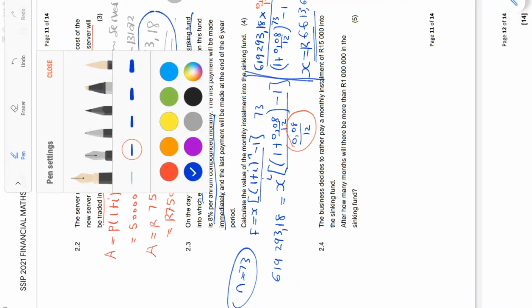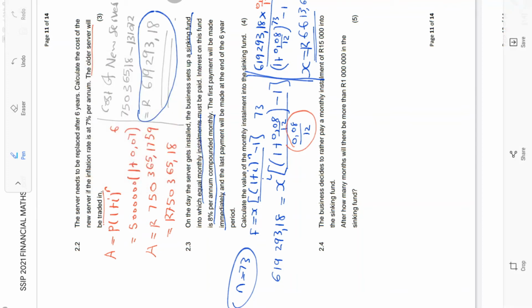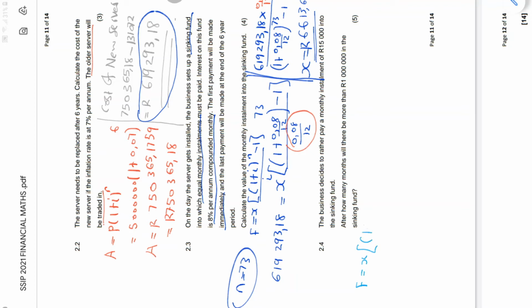So it's a monthly payment of 15,000, so it's an annuity. We're still using the same formula.